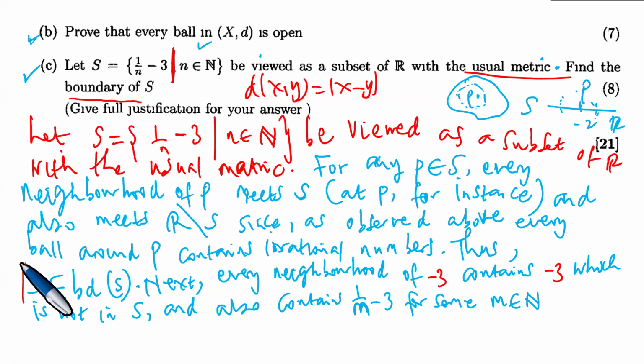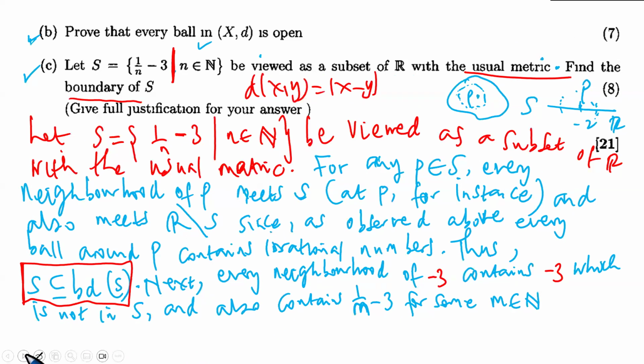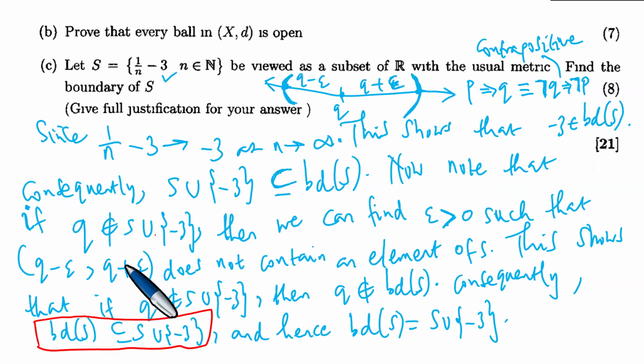We first had S is a subset of the boundary, but the boundary is a subset of S union that. But also this one.